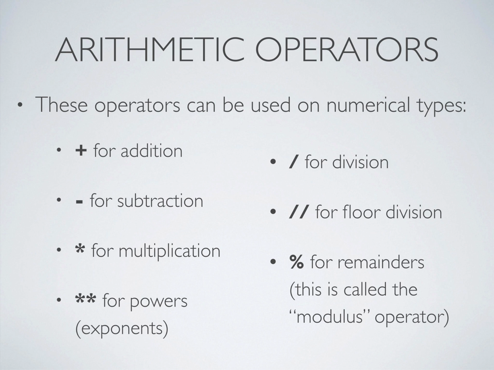Division's a little bit interesting. We will talk more about division in a second, but there are essentially 2 types of division in Python. There's what I call the single division operator, which is pretty much standard division, and then there's this double division operator, which we call floor division. We'll talk about those 2 in a little bit.